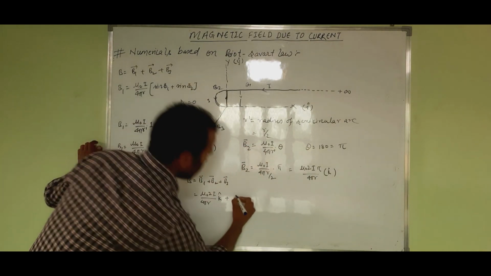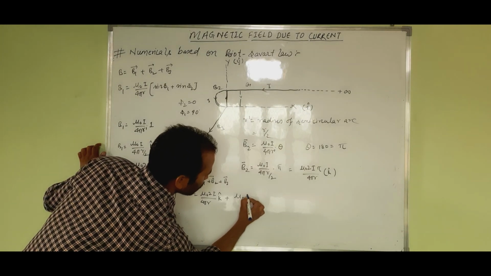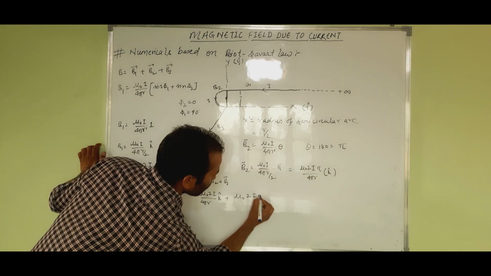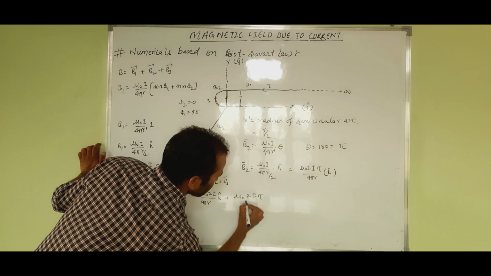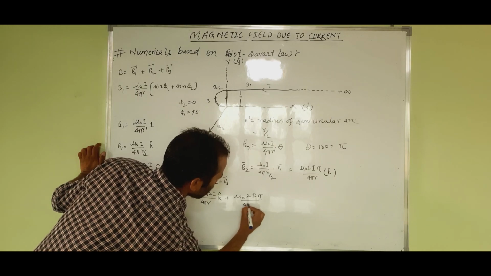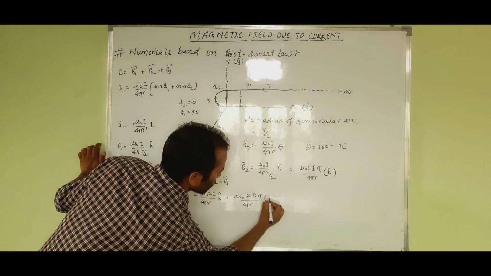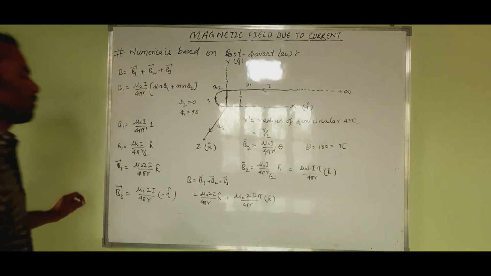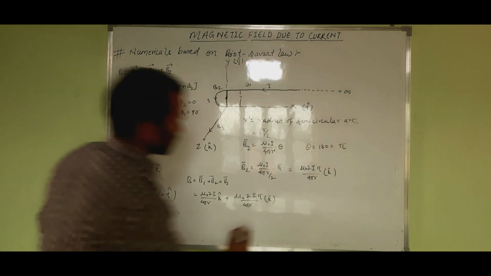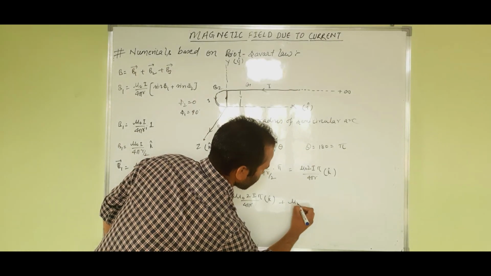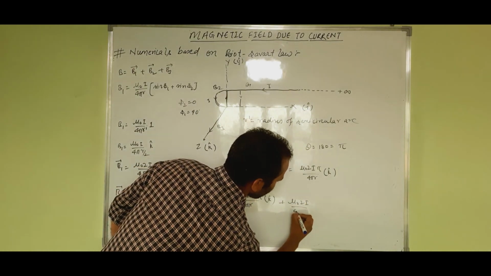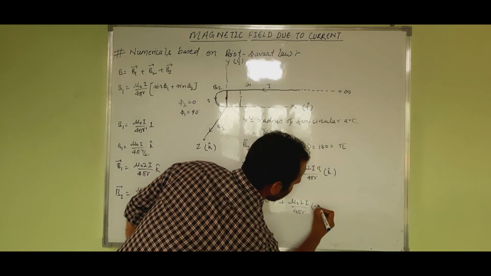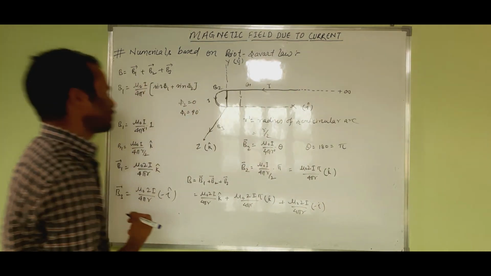B2 will be mu naught 2I pi upon 4 pi r k unit vector, and B3 will be mu naught 2I upon 4 pi r in the minus I direction.